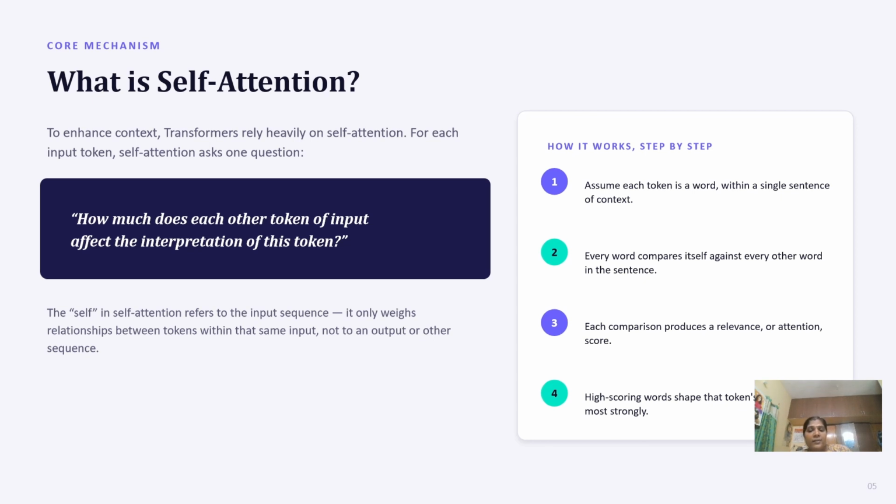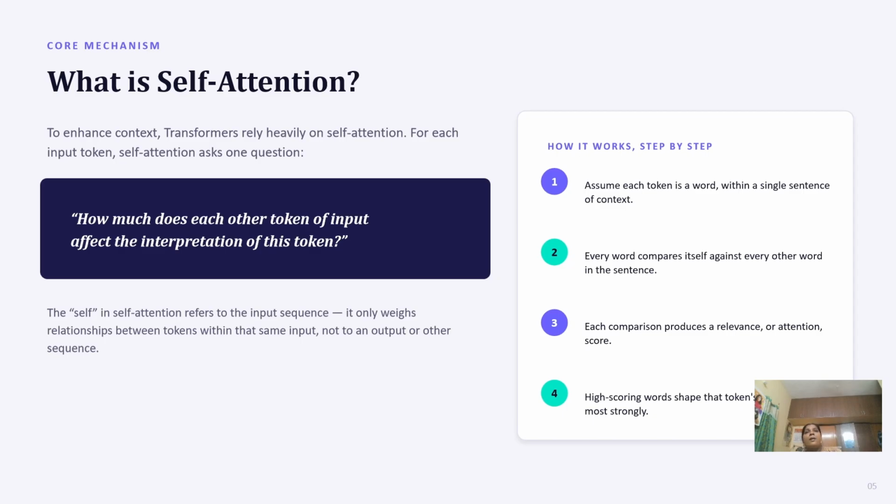Under each comparison, it produces a relevance or attention score. Based on the high-scoring words, it shapes that token's representation more strongly. This gives a clear snapshot of how the next word interpretation is predicted.